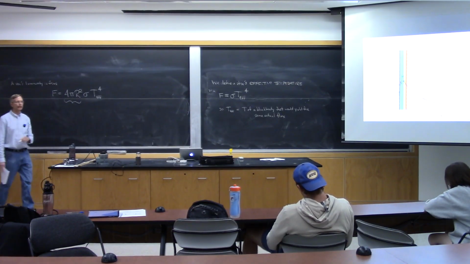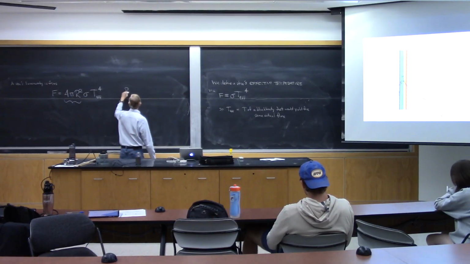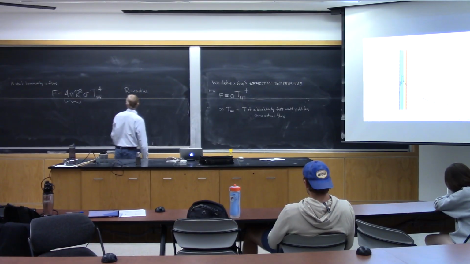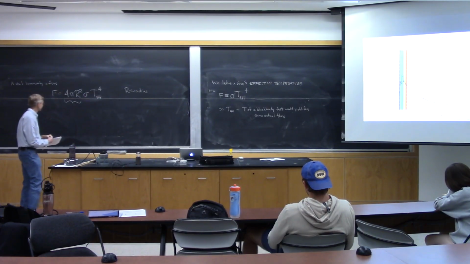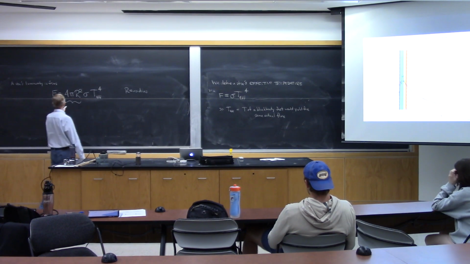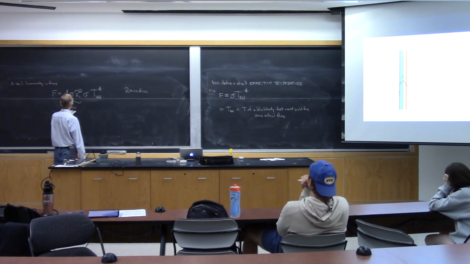Because what is 4 pi r squared? R is the star's radius. What's 4 pi r squared? That is its surface area, right? The area of a sphere is 4 pi r squared. So there's the star's surface area.